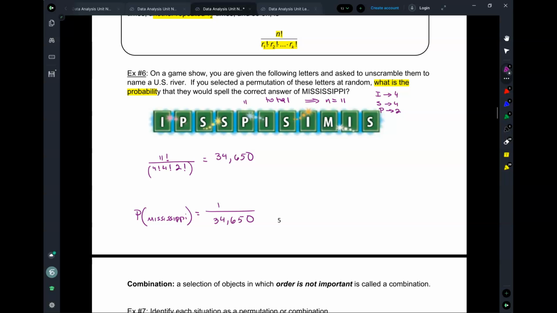Now, let's go to the combinations where order is not important. So, for example, if I had, okay, you guys want to know how many pens I have in here? Because you never know when you might need another pen.